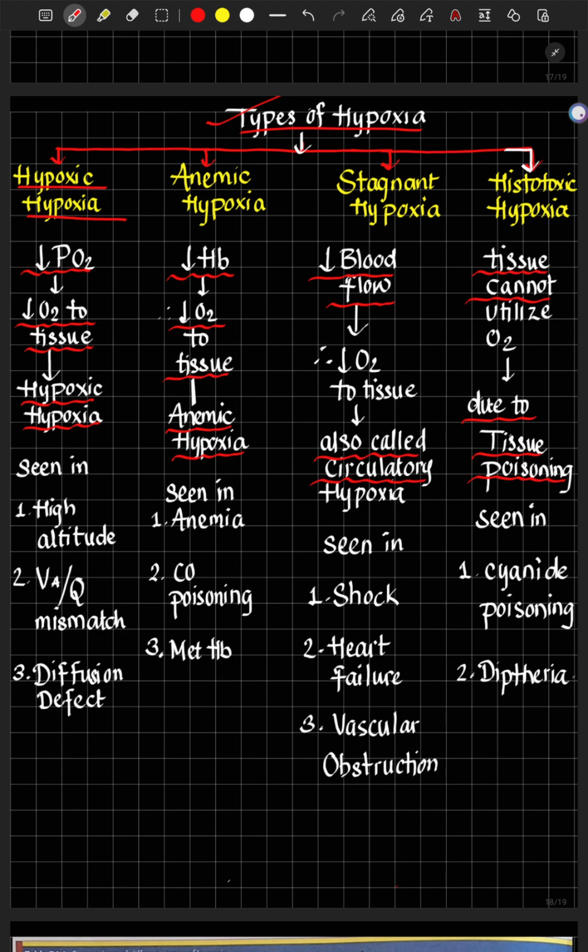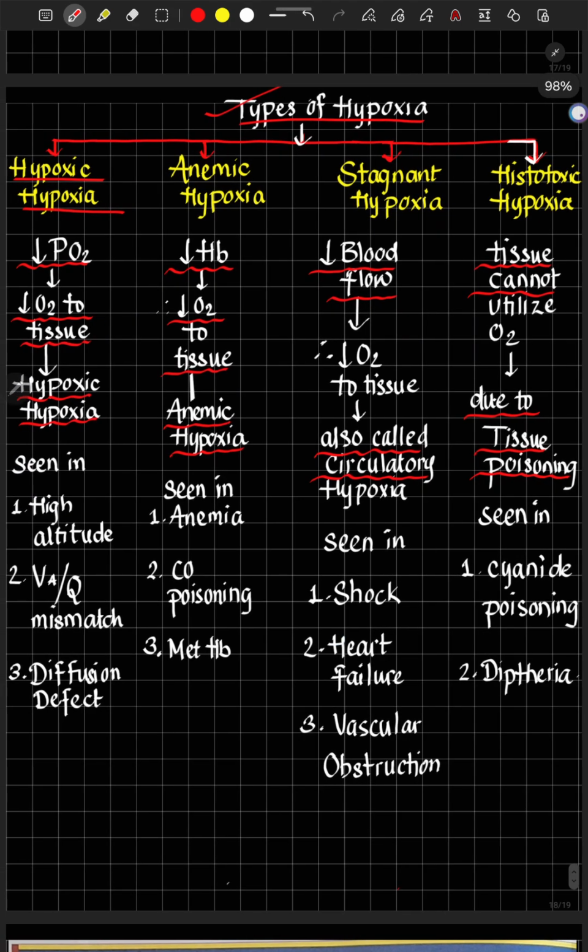This is called hypoxic hypoxia. The most common example is seen in high altitude, because in high altitude there is less partial pressure of oxygen, and the decreased partial pressure causes hypoxic hypoxia.